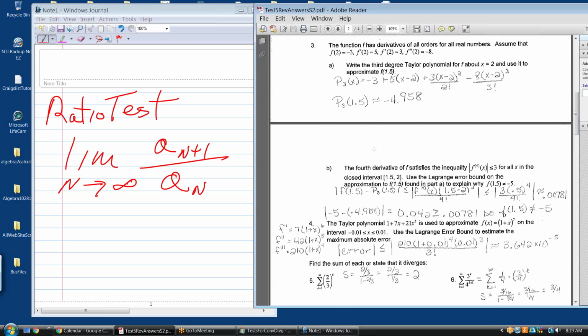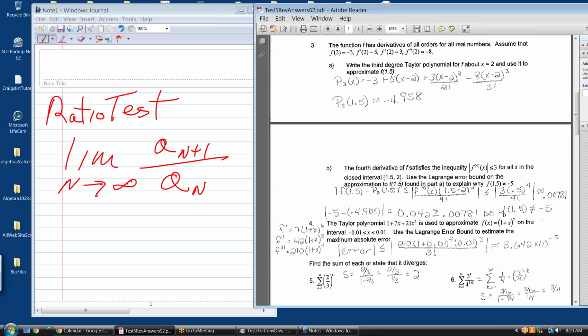Okay, now she wants to look at the 4th derivative, whose absolute value is less than or equal to 3 for all x in that interval. Use the Lagrange error bound on this. And the error bound, of course, is the full function minus the first 3 terms of the Taylor polynomial.